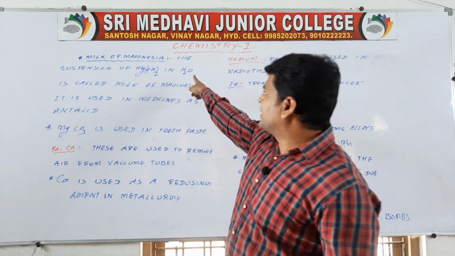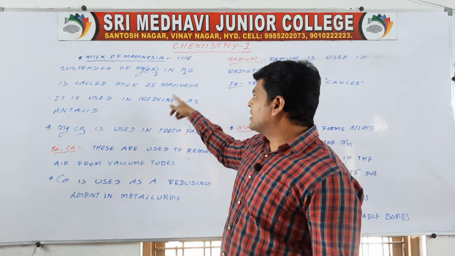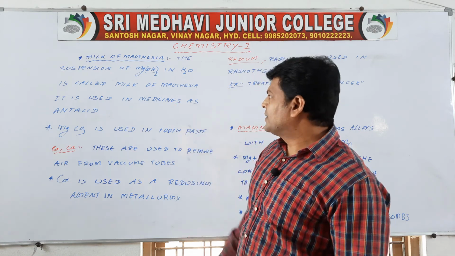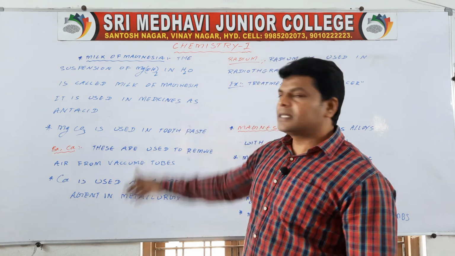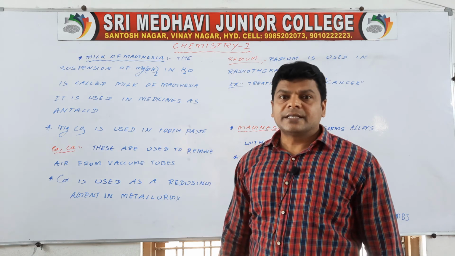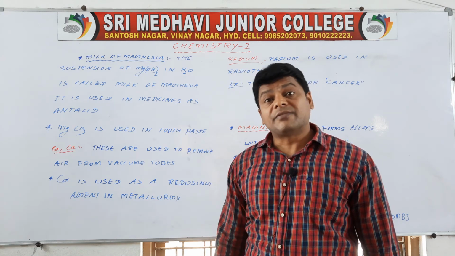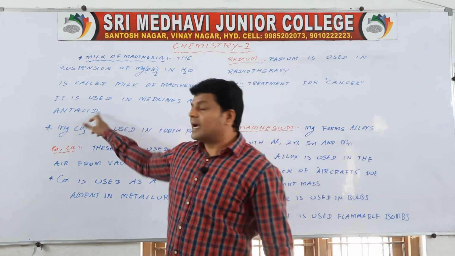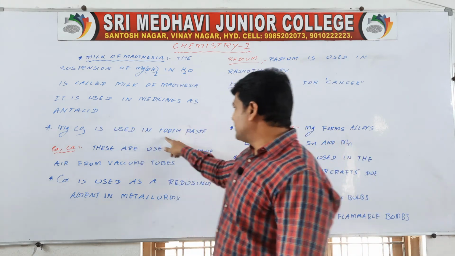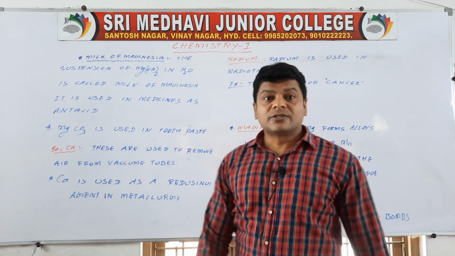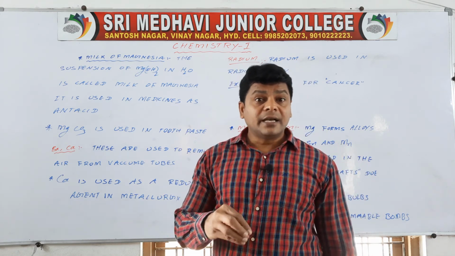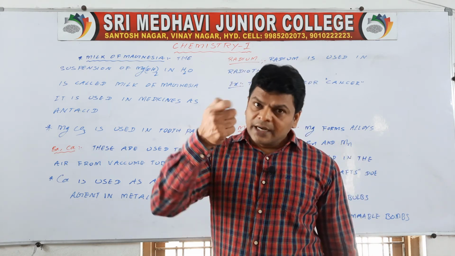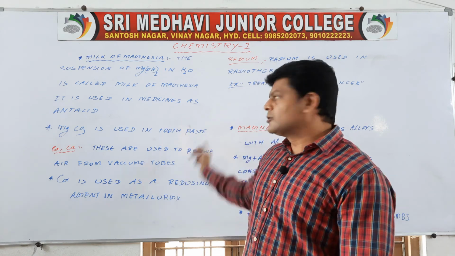The suspension of magnesium hydroxide in water is called milk of magnesia. It is used in medicines as an antacid to control excess acid in the stomach. Then MgCO3 is an ingredient, a type of substance, in toothpaste.